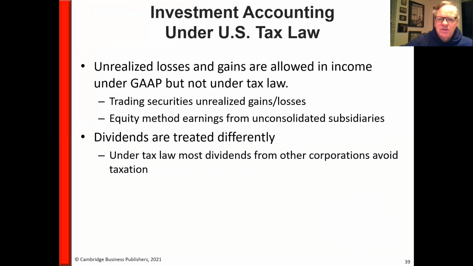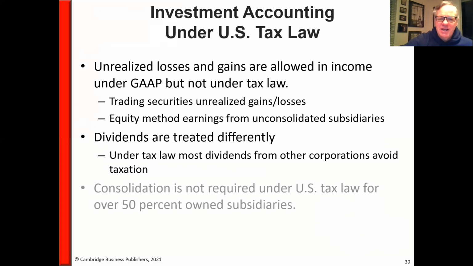Dividends are treated differently. Most dividends from other corporations are not taxed, because if you think about it, that would be triple taxation. The subsidiary has to pay tax, the people who receive the dividends have to pay tax, and then the entity that receives the dividends would have to pay tax on them again.